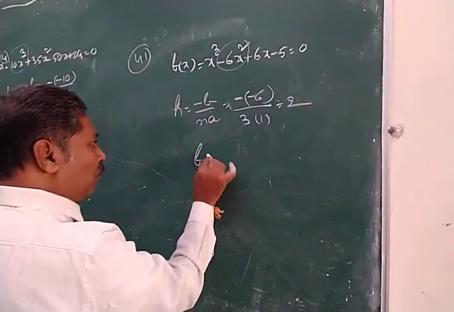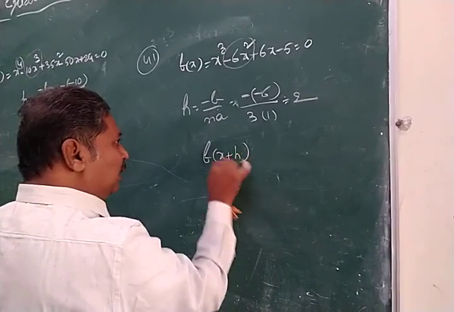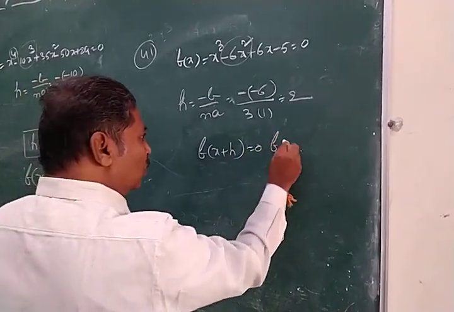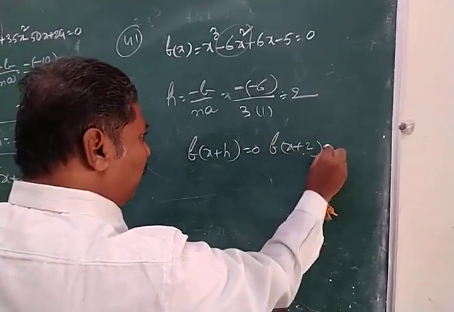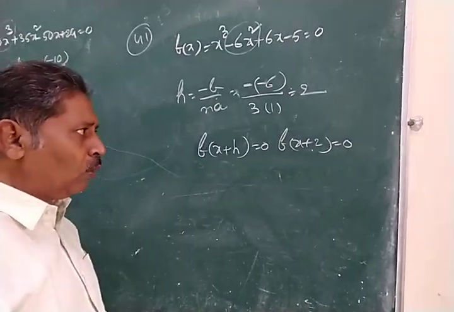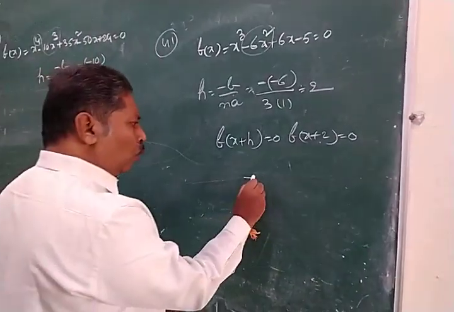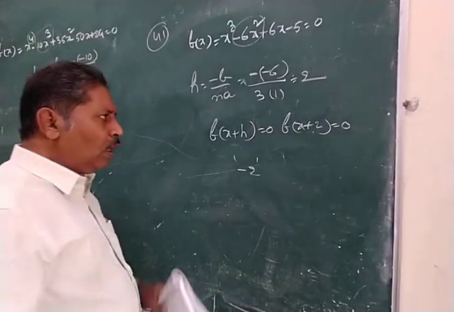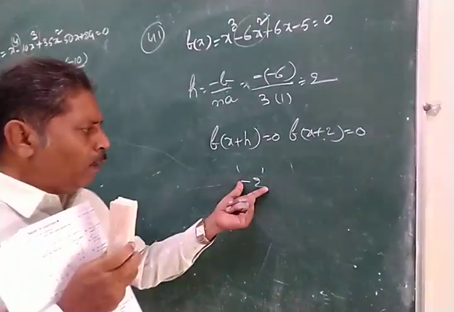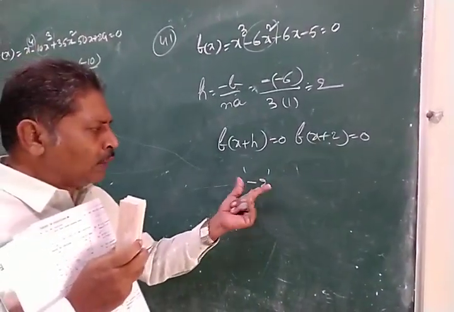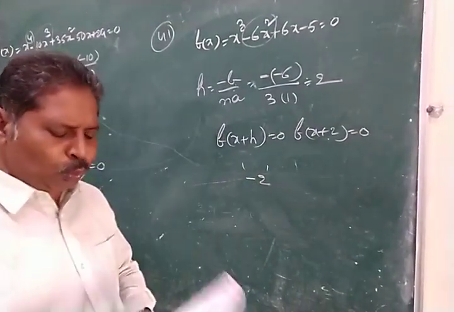So f of x plus h equal to 0. So f of x plus 2 equal to 0. Therefore, roots are diminished by minus 2. So answer is minus 2.